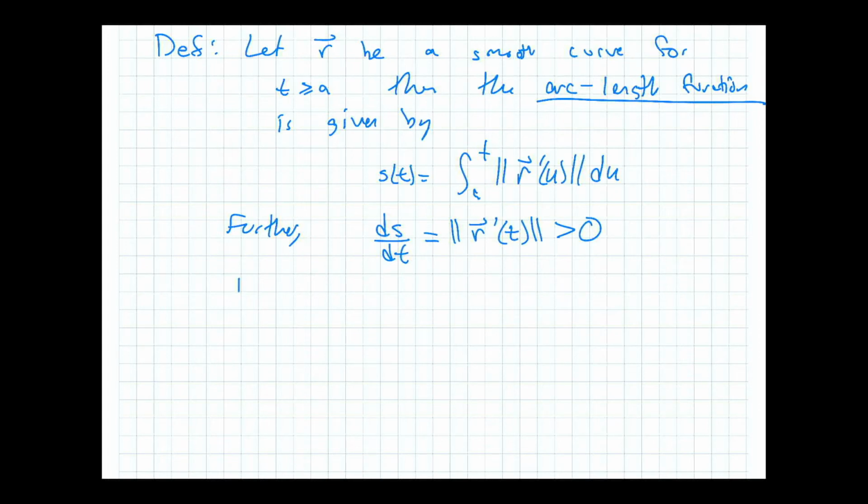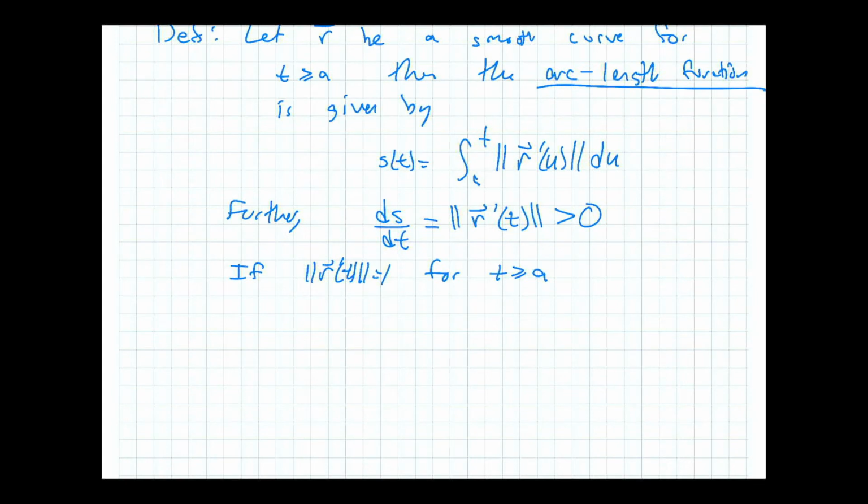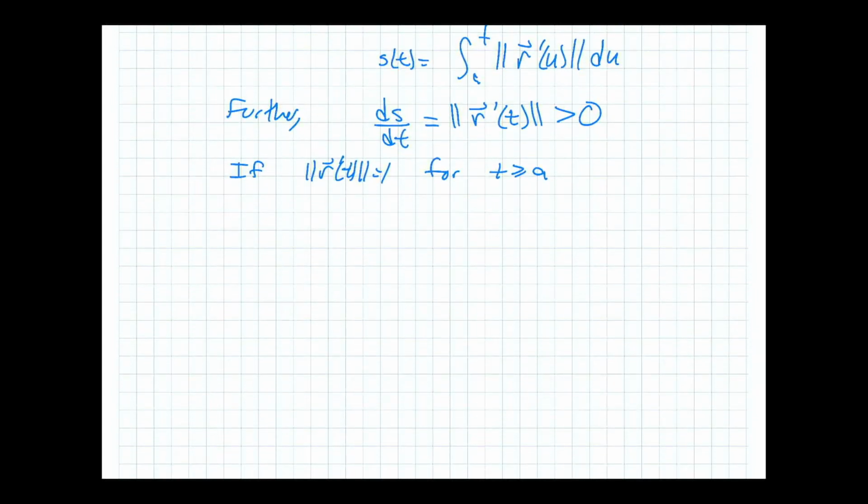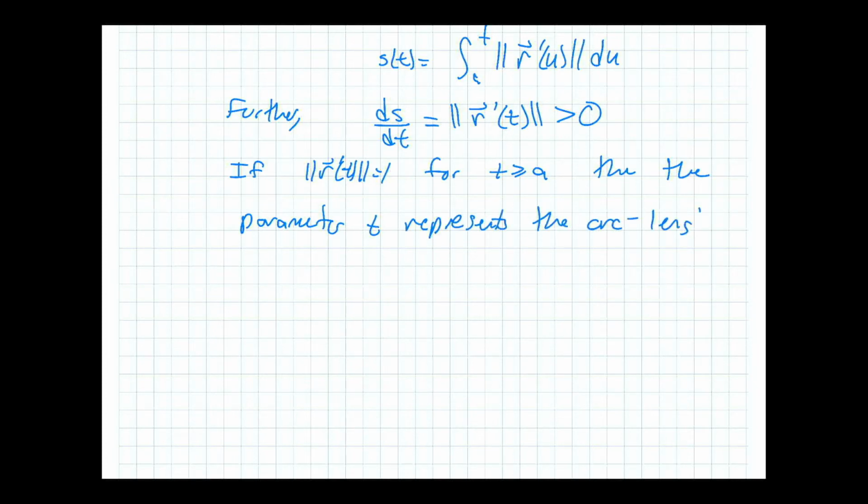And then they go on to say, if the magnitude of r prime of t equals 1 for t greater than or equal to a, and this is what we've already done so far, but I'm going to give it this name here, then the parameter t represents the arc length from the starting point t equals a.